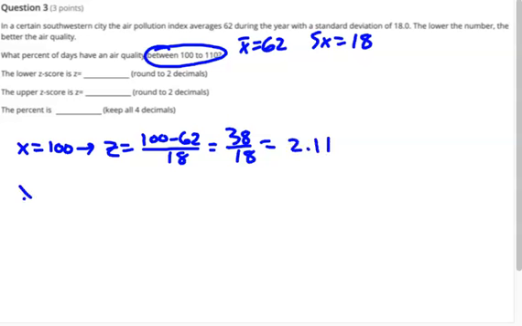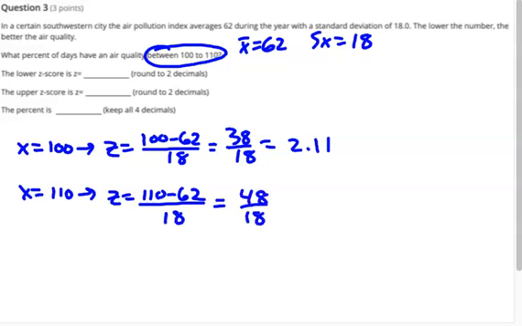If X is 110, Z is 110 minus 62 over 18, which is going to be 48 over 18, which is 2.67.